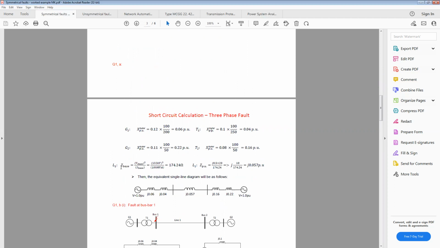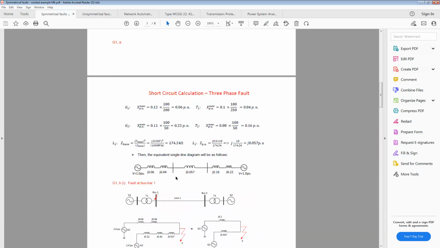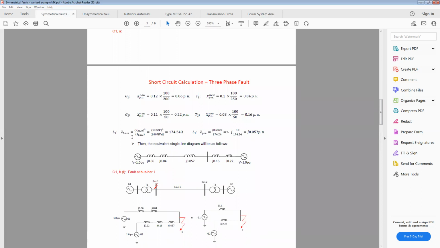And then we also need to convert the line 1 or transmission line into per unit, as normally it's given in ohm per kilometer, and the line between bus 1 and bus 2 is 20 kilometers. So we need to consider this. To achieve this, first Z base equals V base squared divided by S base.